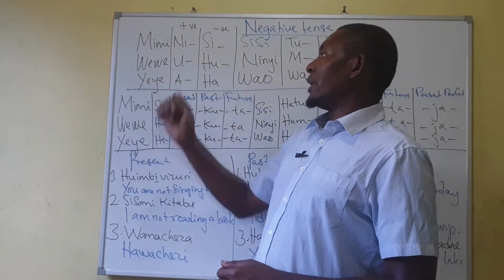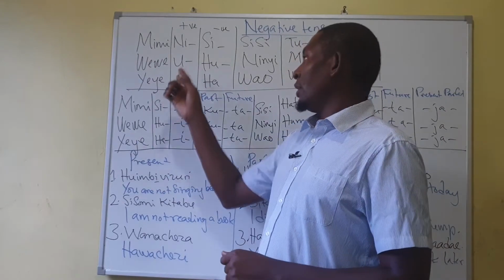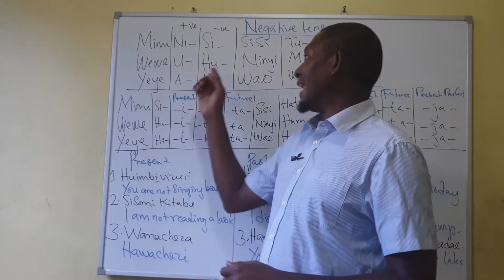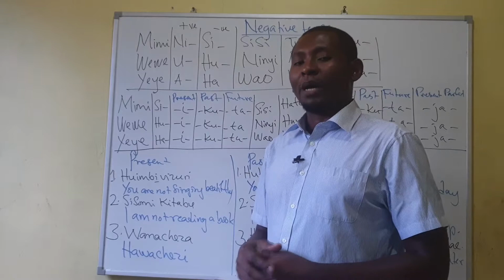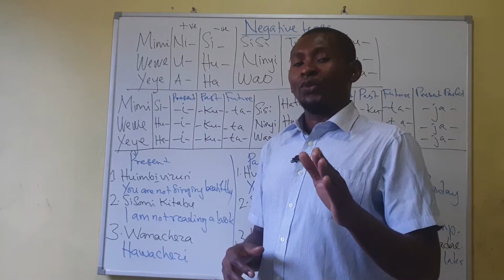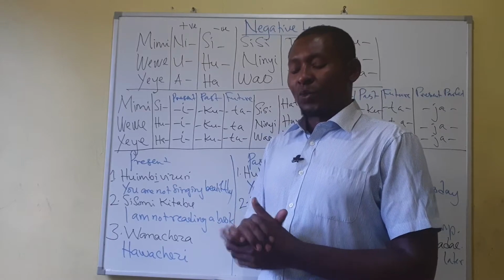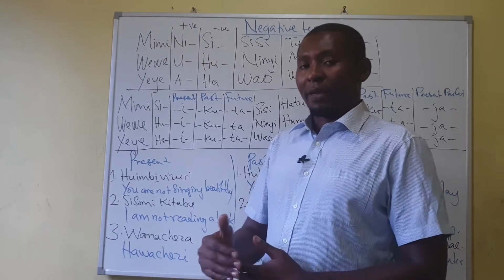So even in wewe, in positive, it is represented by u, but in negative, it is represented by hu. Don't get confused. And that is why we are going step by step.